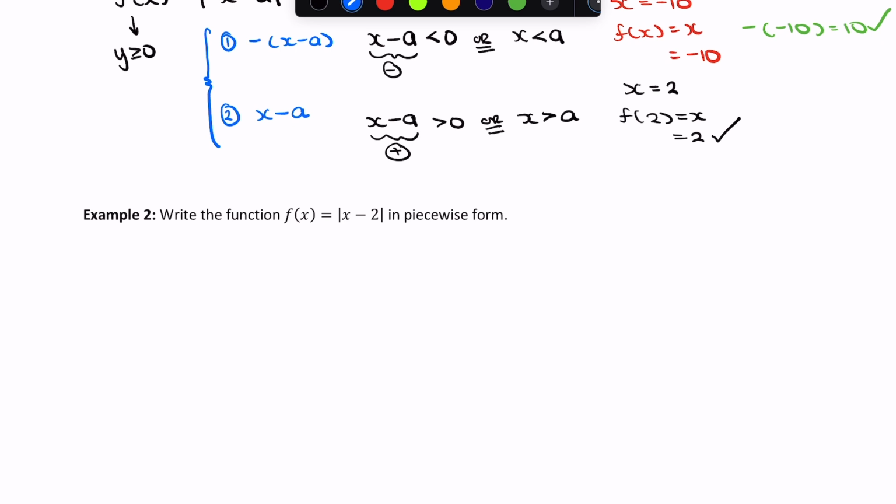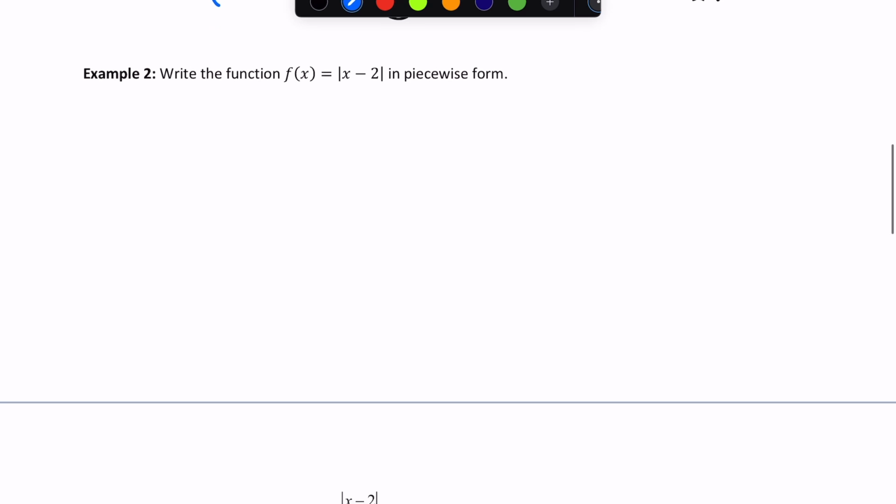Okay, so it says write the function f of x is equal to the absolute value of x minus 2 in piecewise form. So if we put this, again, the bars will act when x minus 2 is less than 0, or we can also write it as x is less than 2.